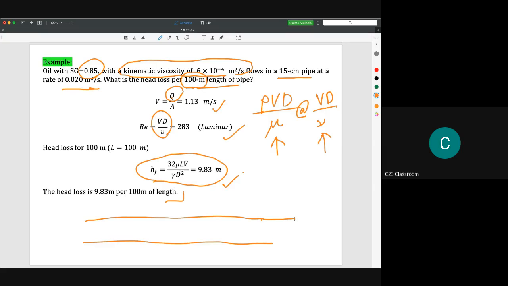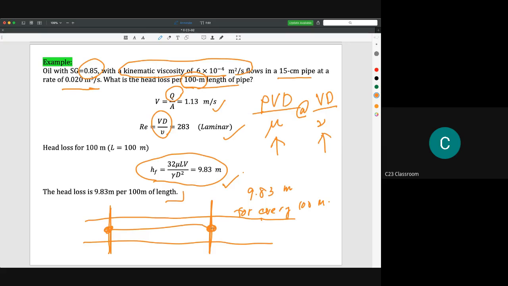So for example, it will say that the pressure is dropping 9.83 meters for every 100 meters. So if you have a 100 meter interval, the losses keep decreasing by 9.83 meters.